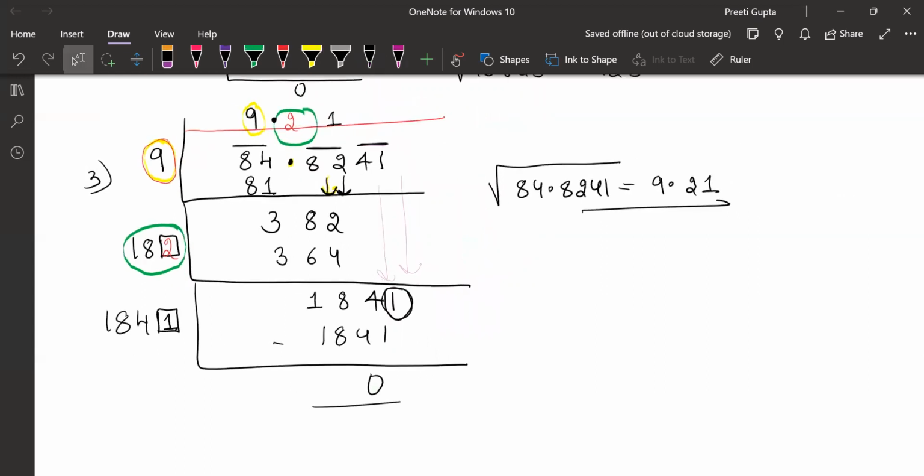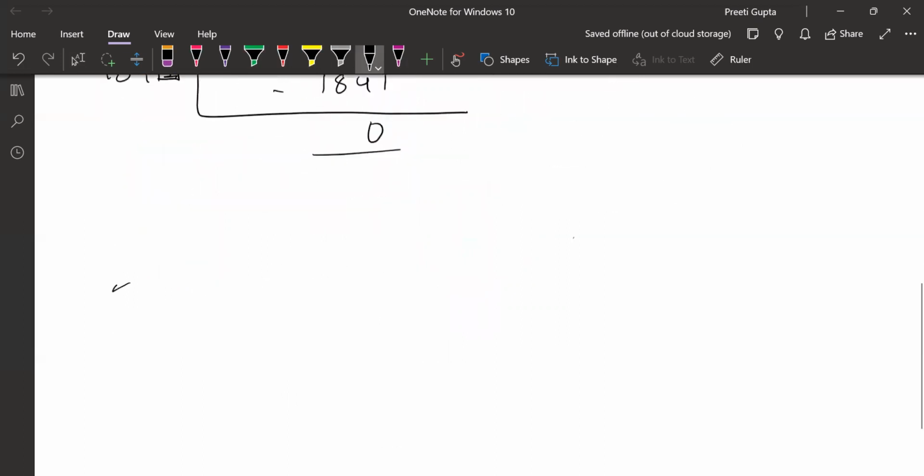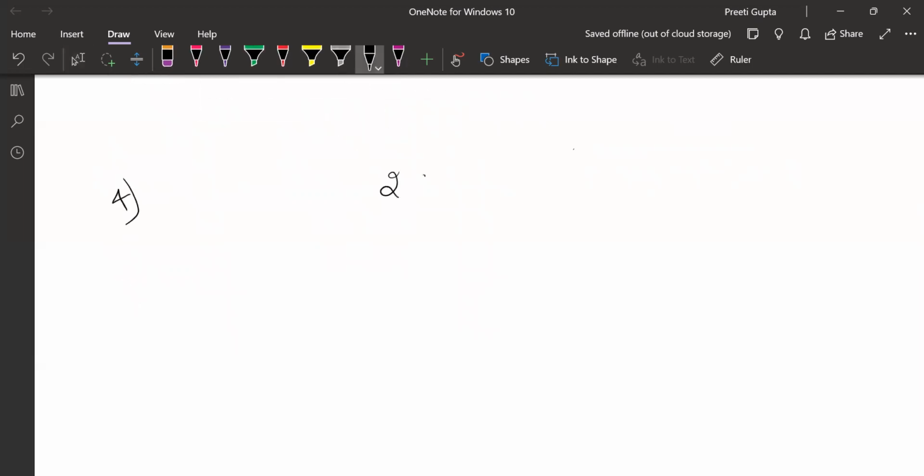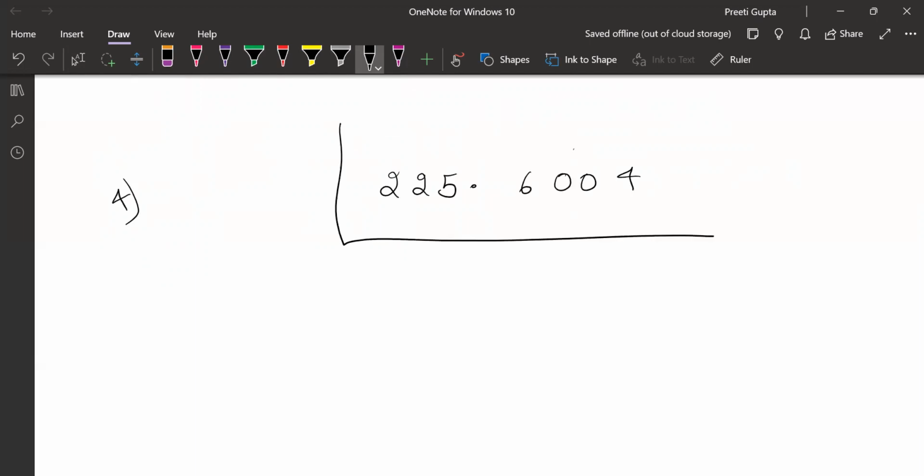So let me consider one more example. I would say the last example for the day. Let me consider 225.6004. Start making the groups now: 04, 60, and then 25.